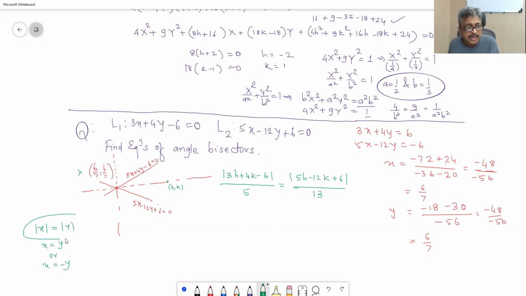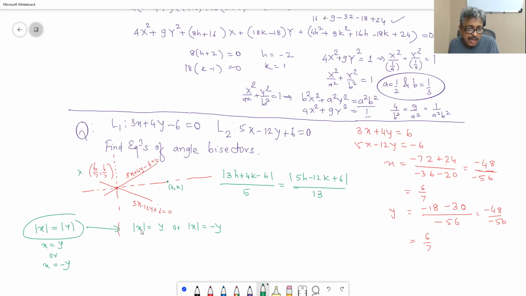I think we have drawn the graphs and we can play with this. And finally, let me explain. If I solve the RHS mod sign, then I will get mod x is equal to either y or the opposite of y, depending upon what y is. These will be the two answers.